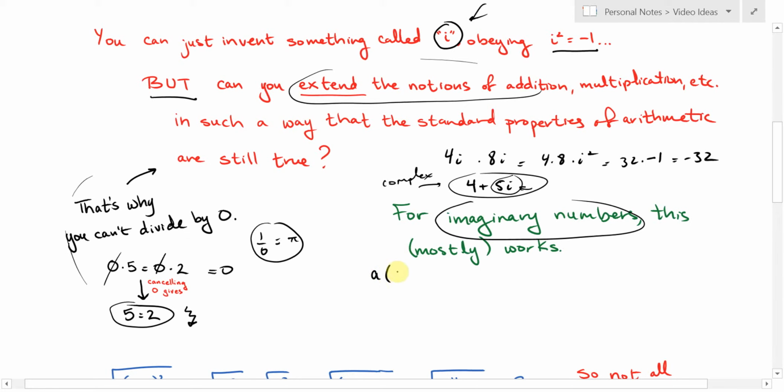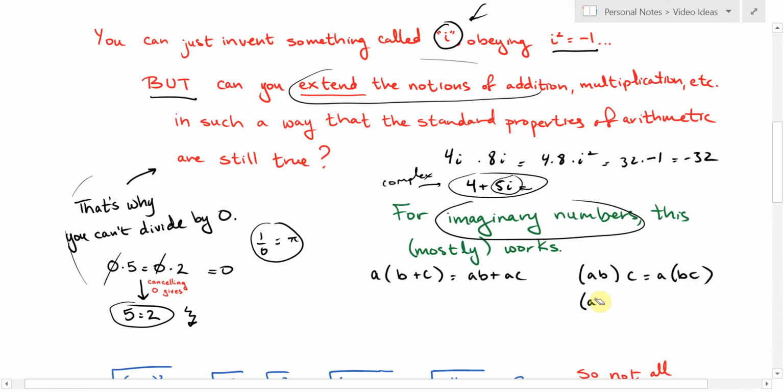I don't want to go over it in great detail, but a times (b plus c) should equal a times b plus a times c. Multiplication should distribute. (a times b) times c should equal the same thing as a times (b times c). Associativity. Commutativity of multiplication, a times b.